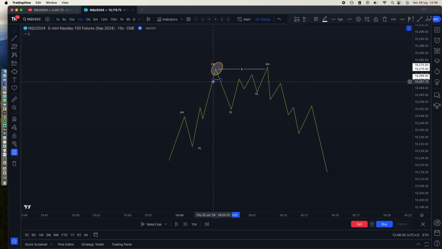This means that inside here there is a huge selling pressure. Valid lows are the same thing in a bullish way. So there are two very important levels on which we can concentrate to find our trigger.